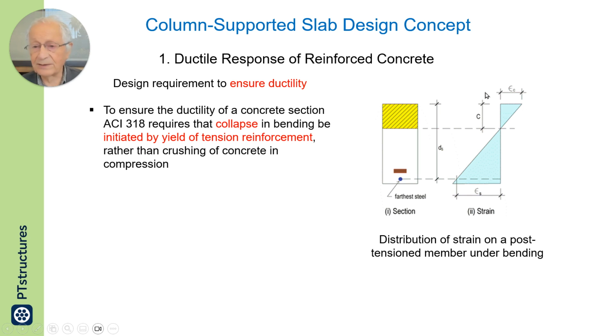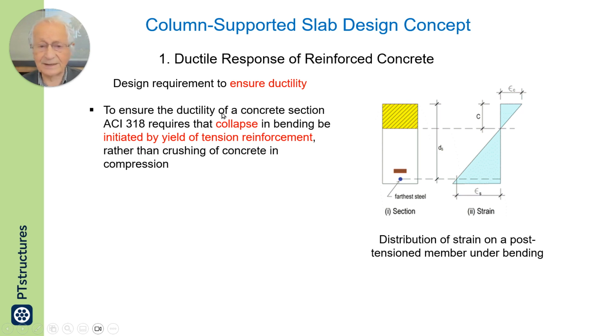The smaller the depth of compression zone, the larger the strain in steel. By limiting this compression zone C, we can make sure that steel at the bottom will yield before the strain in concrete reaches the crushing of concrete.